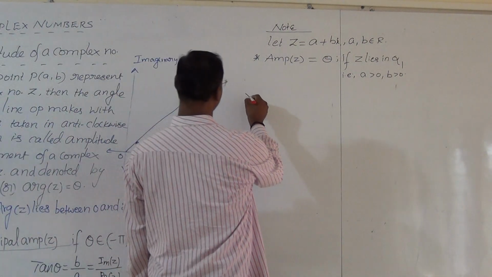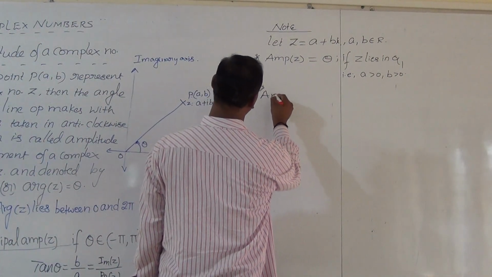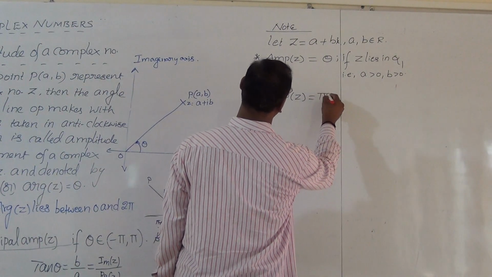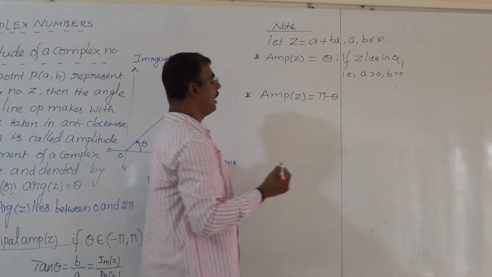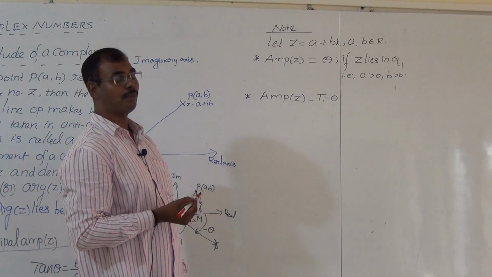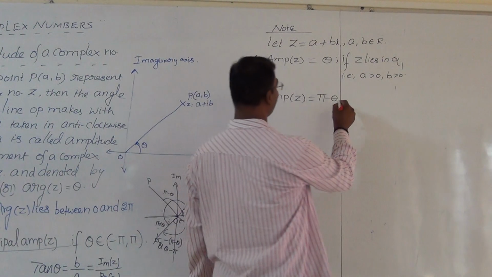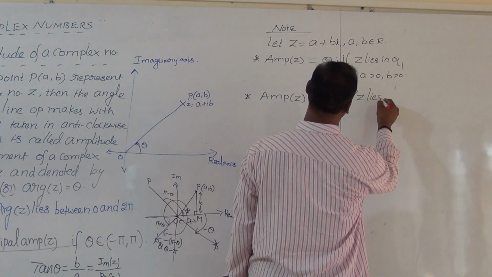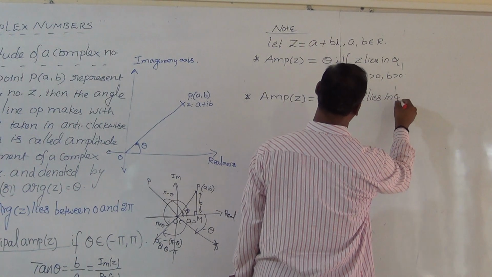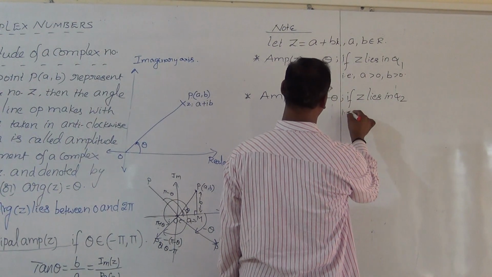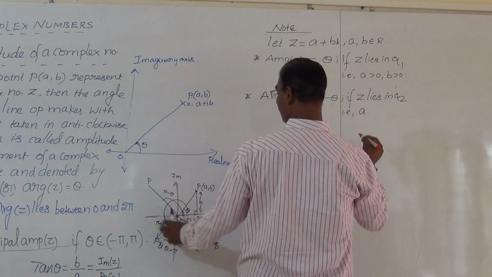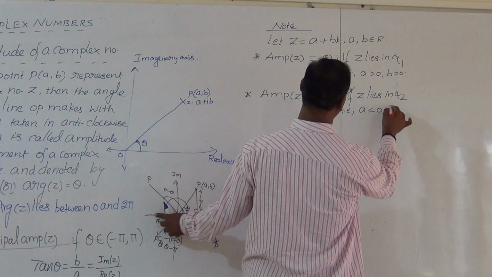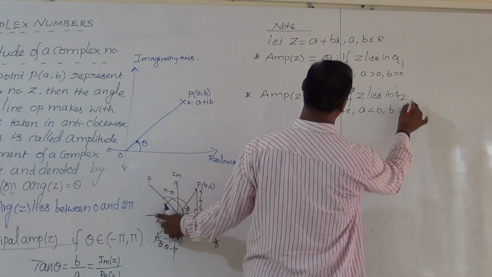Second point: amplitude of z is equal to pi minus theta. This is if z lies in the second quadrant, that is, A is always less than 0, B greater than 0.